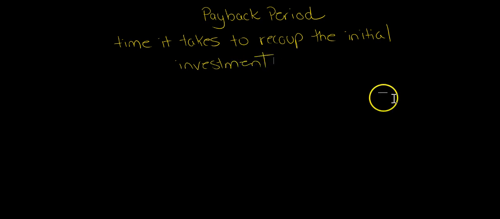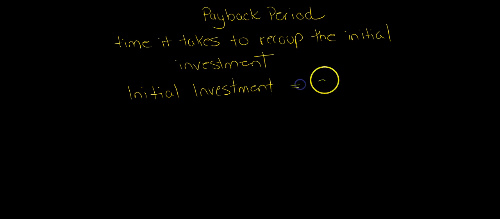So let's just pretend that we're going to buy a car for $10,000. So that's what we'll say our initial investment is. And we're going to use this car to provide tours to customers.